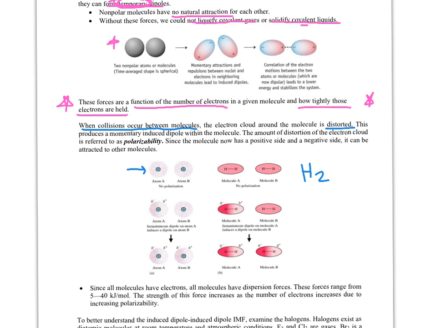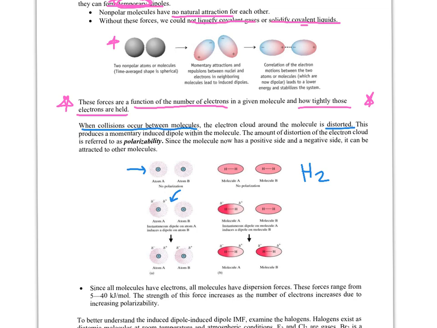However, when they do collide, it creates an instantaneous dipole. What ends up happening is there's uneven electron distribution. When they collide, it's hard to tell on this picture, but the side that's closest to the atom becomes partially positive, and there's less electrons in that area.